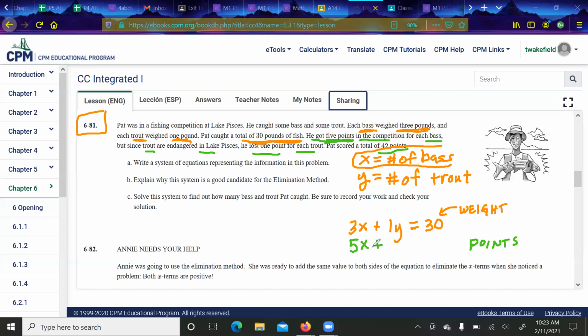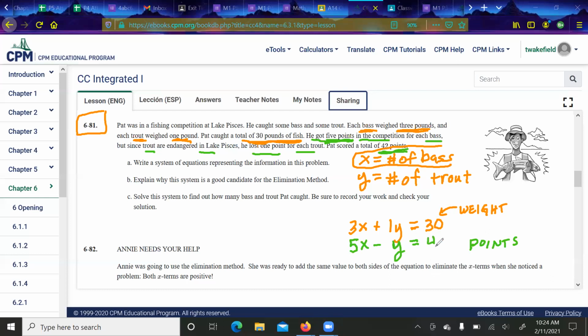So we're going to do 5x. How many points does he get for each trout? -1. So this plus, I need to change it. I shouldn't have written a plus. I need to write -1. He gets a point subtracted every time, right? For each trout. And y is the number of trout. And how many points did he score total?